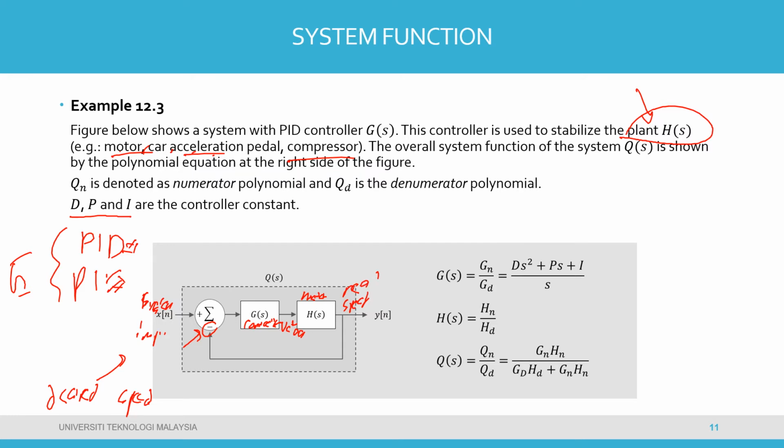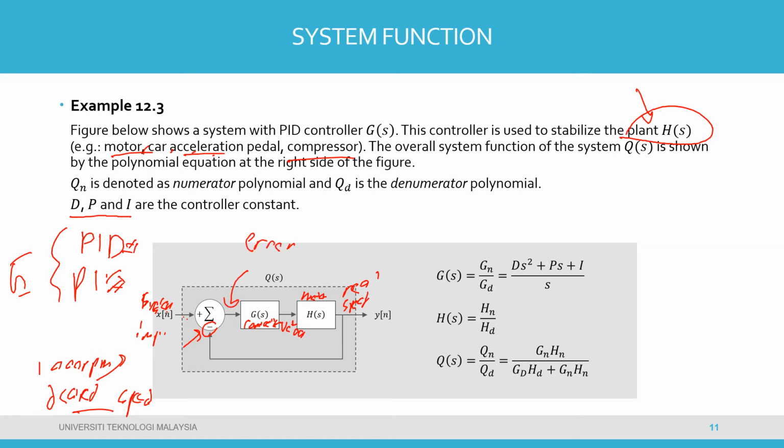So for example, you want 1000 RPM, 1000 rotations per minute. You set it inside here, and the real speed is compared with the desired speed here, and the difference will produce an error.